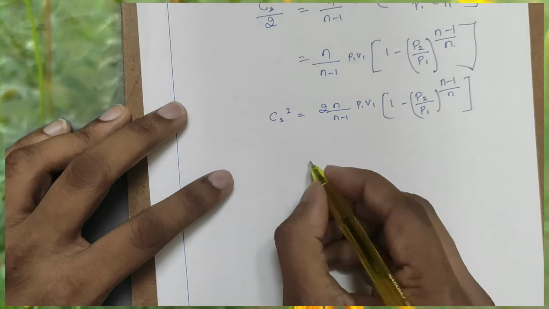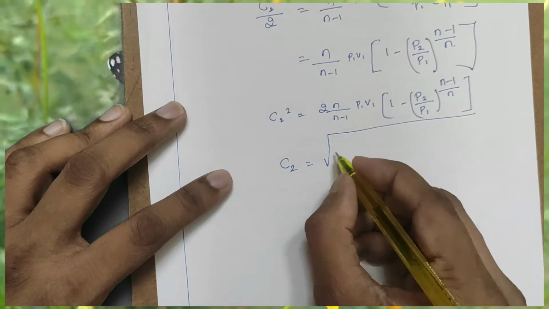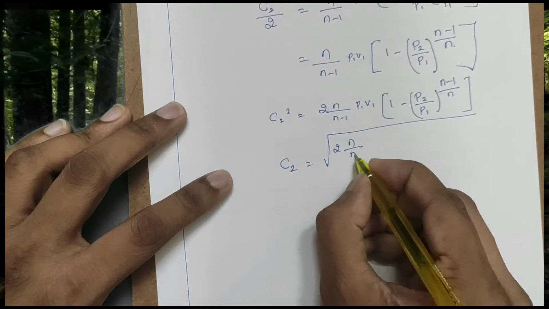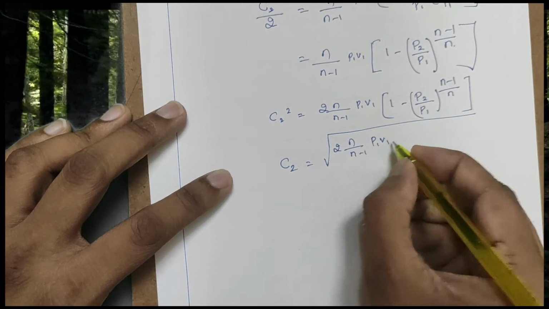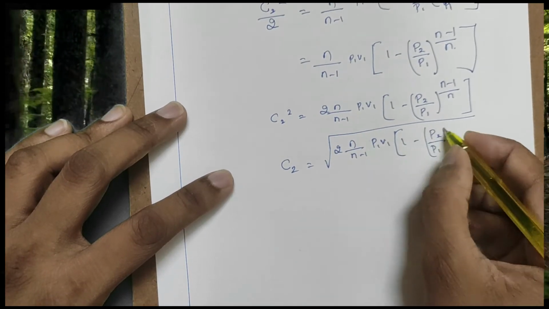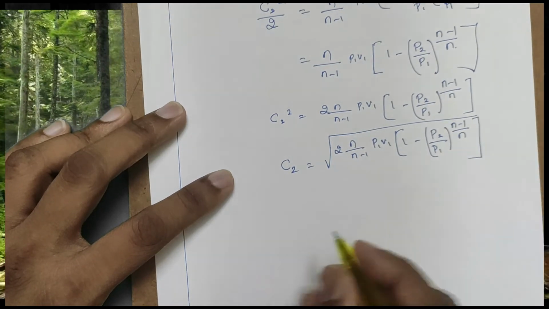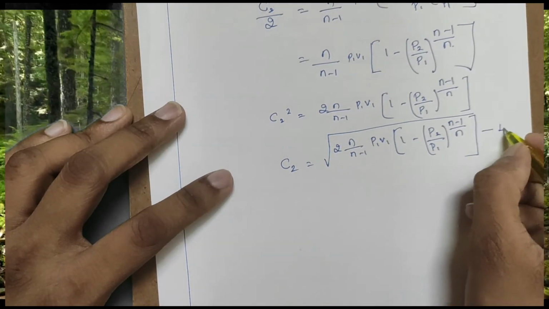So C2 is the square root of 2 into n by n minus 1 P1 V1 into 1 minus (P2 by P1) power n minus 1 by n. You can take this as equation number 4.